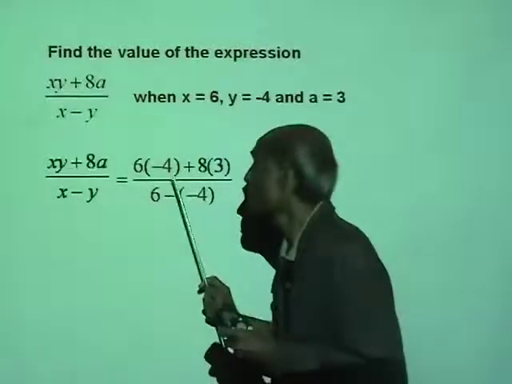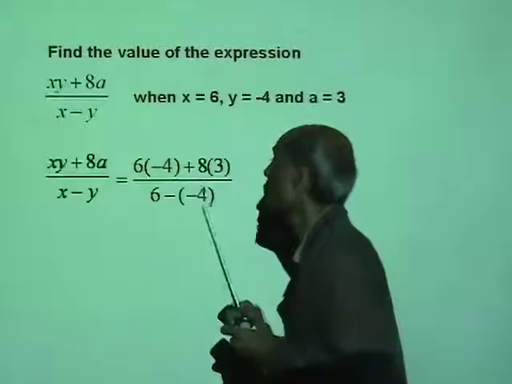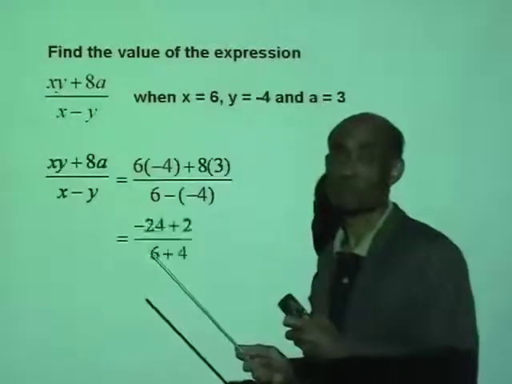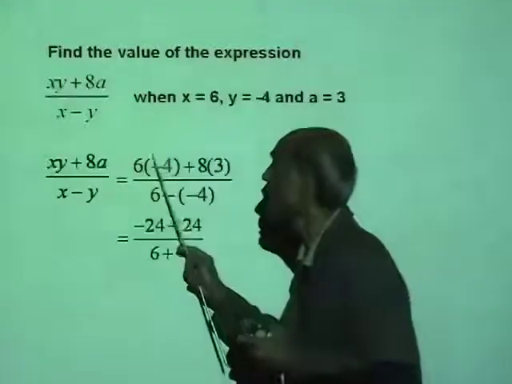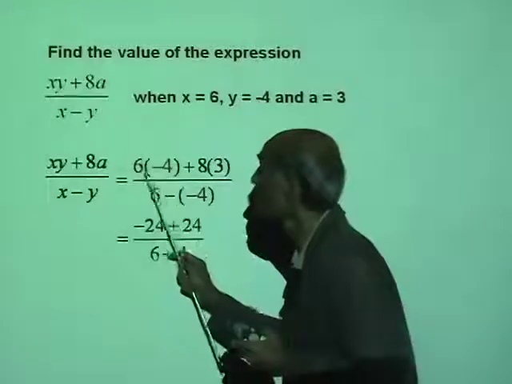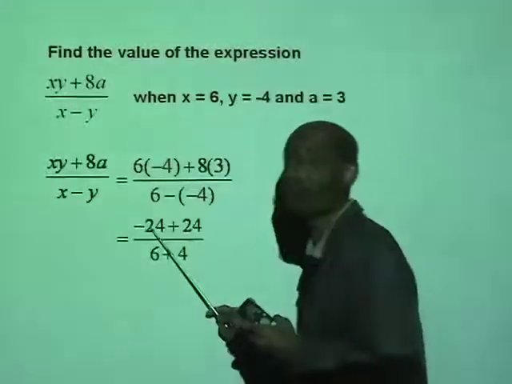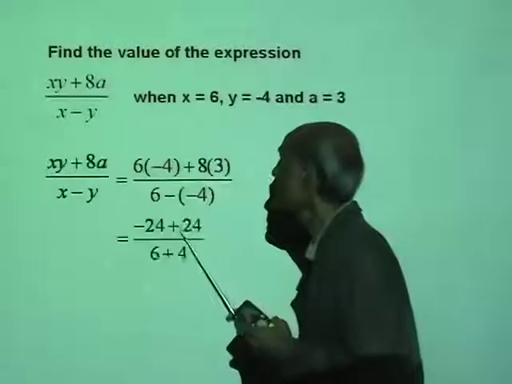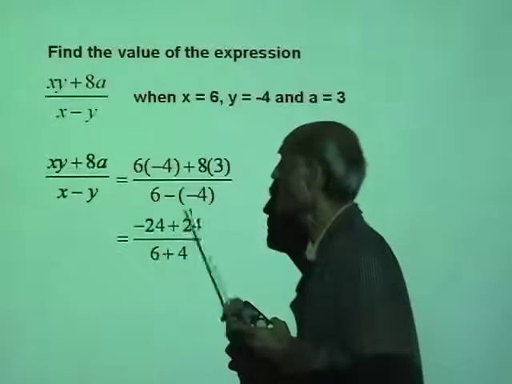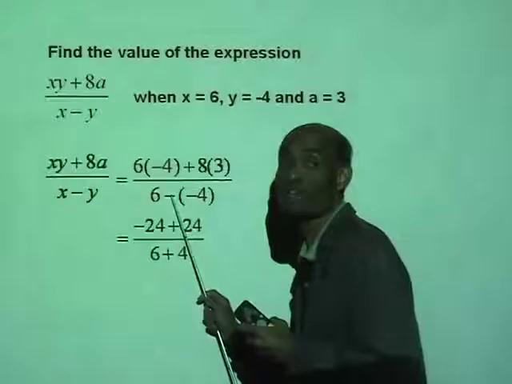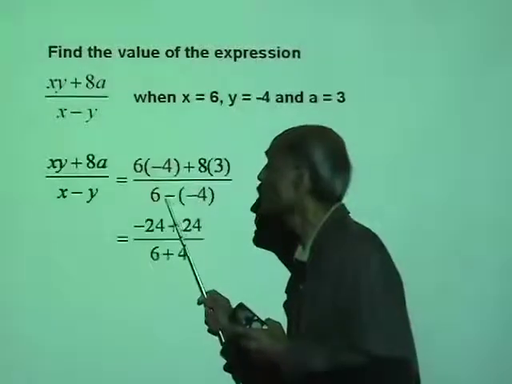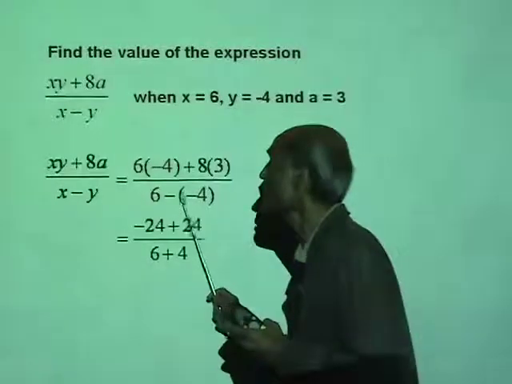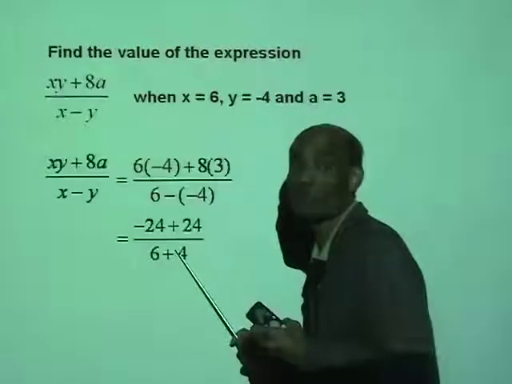It will be 6 minus negative 4. Alright, and now 6 times negative 4 is negative 24, plus 8 times 3 is 24, divided by the double negative on the denominator. 6 minus negative 4 becomes 6 plus 4.